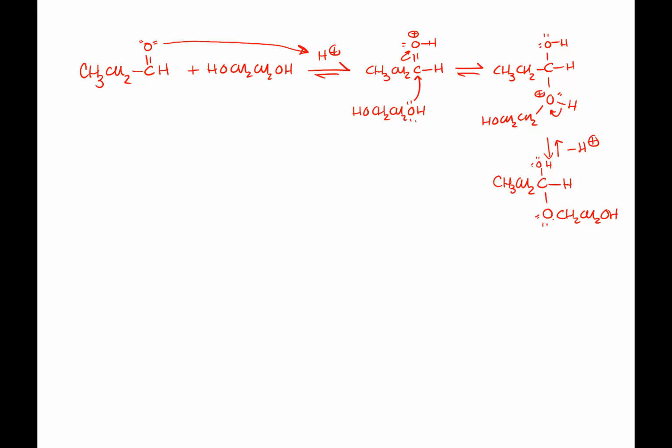Okay, so we're then going to form that hemiacetal. It was a protonated hemiacetal before. Right, so now we're going to react the OH group with the H plus that just came off.